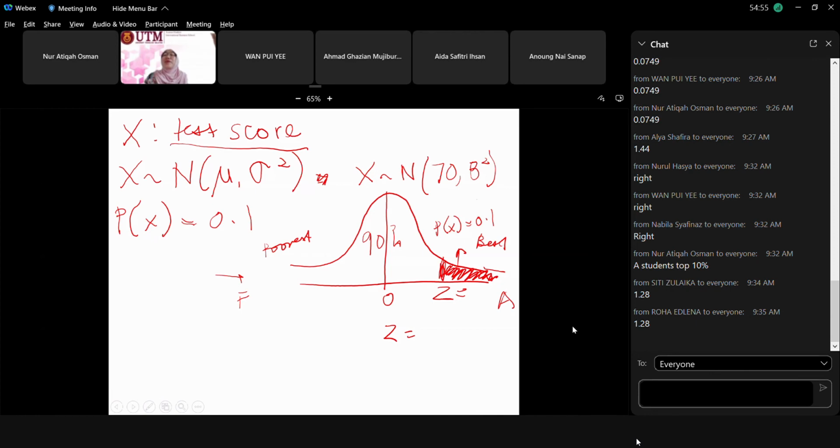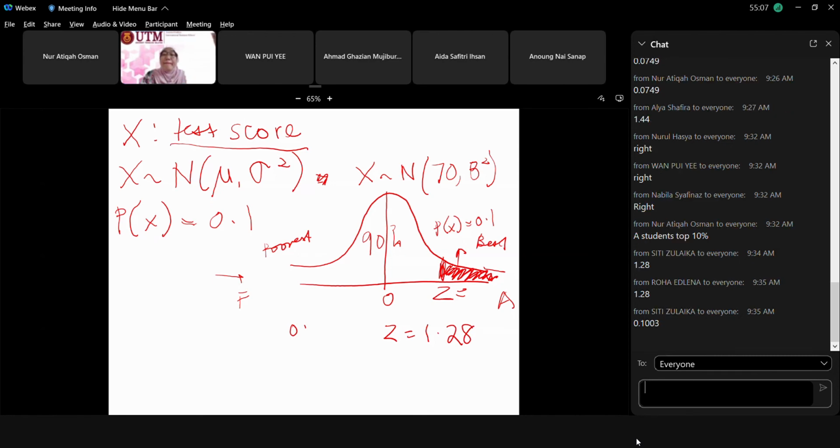Okay, 1.28. Okay, Roha starts with 1.28. Any other answer? Roha, 1.28, what is actually the value? Can you tell me, Roha? 0.1003. Okay, all right. That one is close to 0.1. Yeah, definitely. Any other answer?